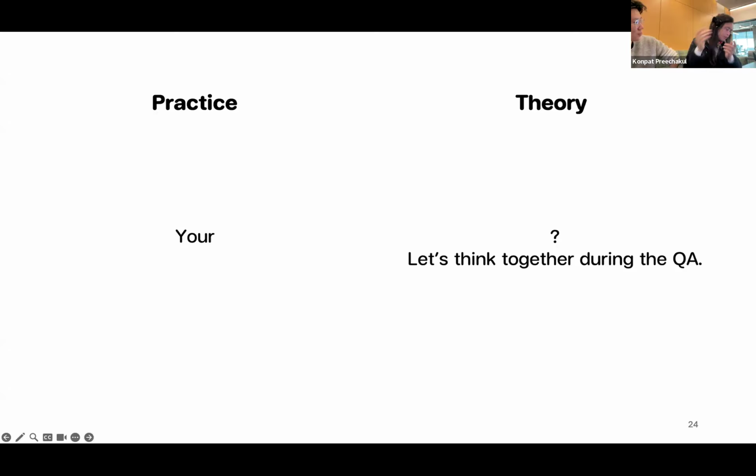Suppose you 10 times the chain of thought length, then that effectively gives you 10 times as deep a model.